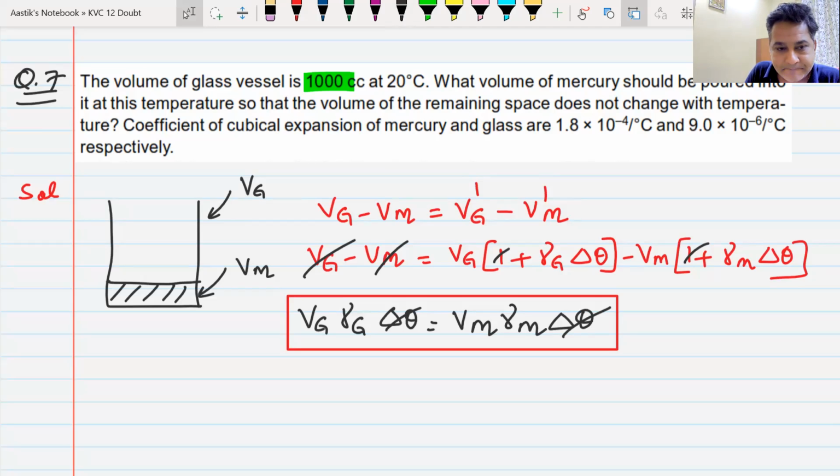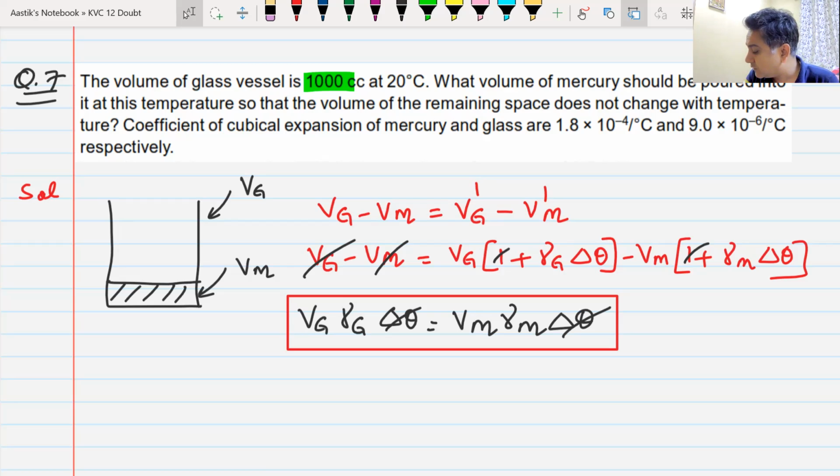Find the expansion in the water, and find the expansion of the vessel. We have done this. The only difference between our question and this question is that you have not sent the complete question, I think. Have you sent the complete question?